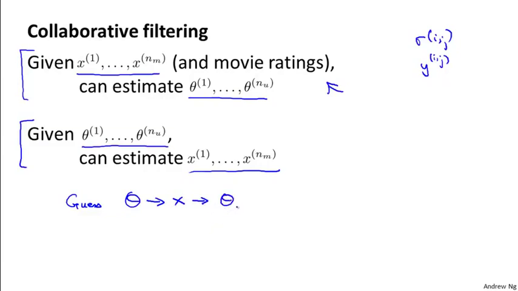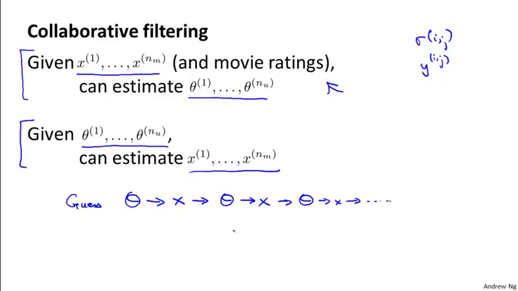Now that you have a better setting of the parameters theta for your users, you can use that to get an even better set of features, and so on. You can keep iterating, going back and forth, optimizing theta, x, theta, x, theta, x, and this actually works. If you do this, this will cause your algorithm to converge to a reasonable set of features for your movies and a reasonable set of parameters for your different users.